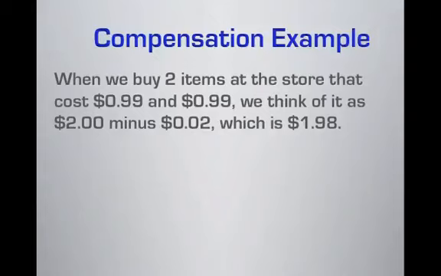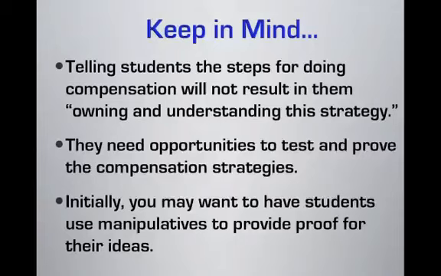We added 2 pennies, but then we had to subtract those 2 pennies because we just can't simply change the quantity of these numbers that we're adding. We need to adjust so that we're actually being true to the quantities. So keep in mind that with compensation, what I've seen happen sometimes is we tell them what to do and how to do compensation, and they're not owning it.